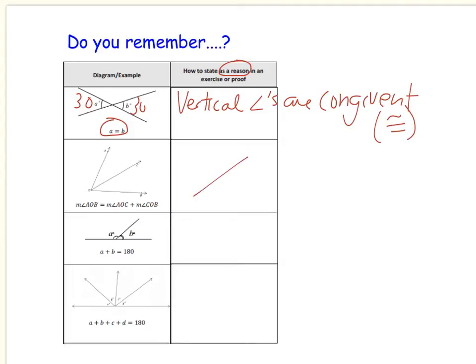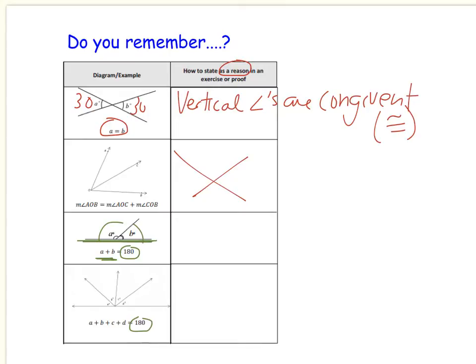This next one we're actually going to skip here. For the third and fourth one, what you'll notice is that both of them are talking about angles that are adding up to 180 degrees. For that we use the term supplementary. There's a little bit of difference in the two of them. In this first one, they're talking about two angles, A and B, that add up to 180. Well, when I have two angles, we can call them a pair of angles, and if they are on a straight line, as they are here, we can call them a linear pair.